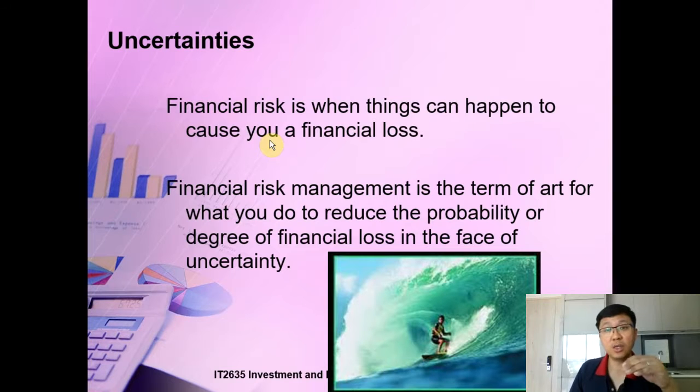So in order to manage some of these financial uncertainties, there are all these instruments and derivatives that we've been talking about, to reduce the losses that can happen in times of uncertainty. These are some of the inventions, so to speak, that people use to mitigate some of the risks.